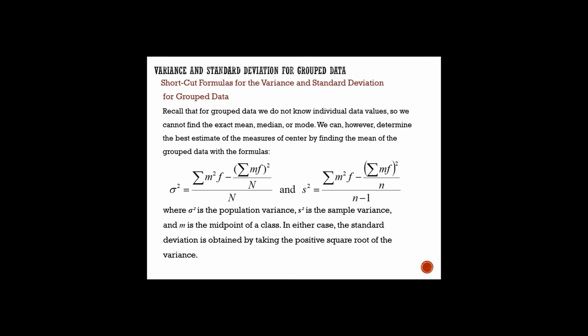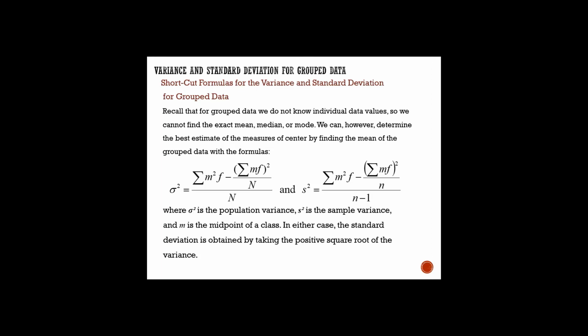Then we divide that by the number in the population or the number in the sample, and once again we have to adjust if we're dealing with sample data, so we divide the subtraction, the number that we just subtracted, by n minus 1, or n if it's population data.